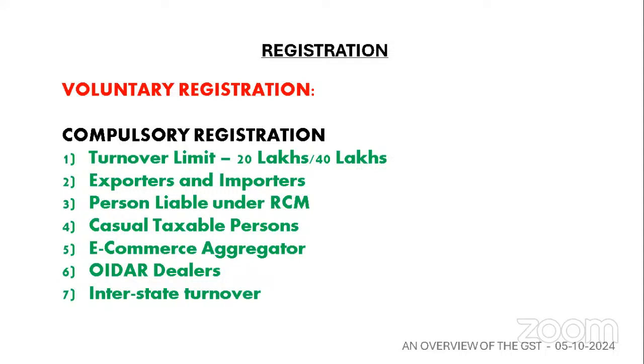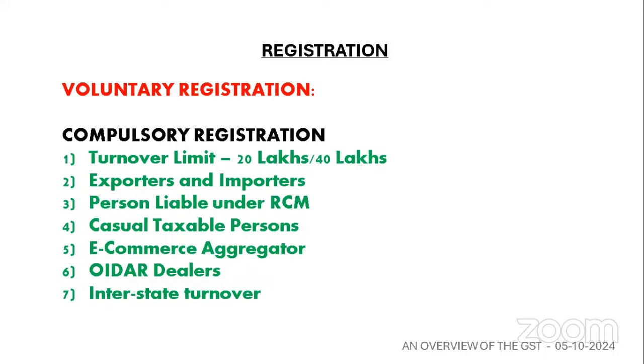Then if you have any interstate turnover, irrespective of the limits, all these people are required to get themselves registered under the GST law. Therefore, you have one set of people who voluntarily register themselves in spite of not being compulsorily registrable, and there is another set of people who require compulsory registration as per the law.